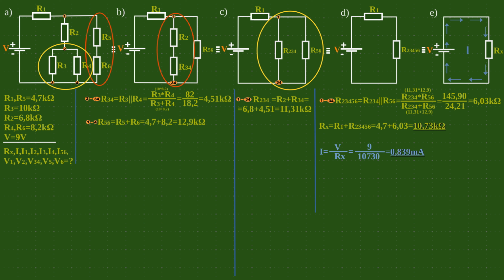We return to diagram D, where we see that the currents I1 and I2-3-4-5-6 are actually the same as the current I. This means that we can also immediately calculate the voltages V1 and V2-3-4-5-6.